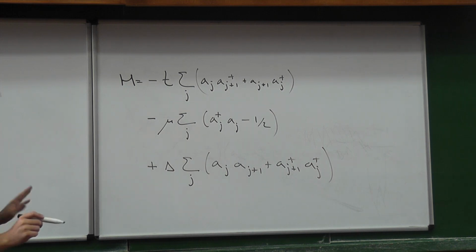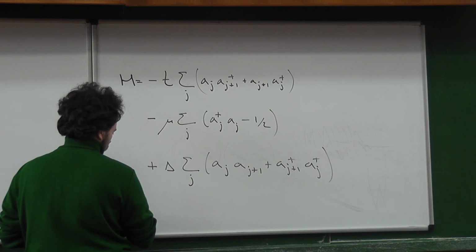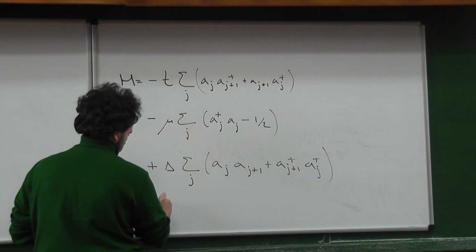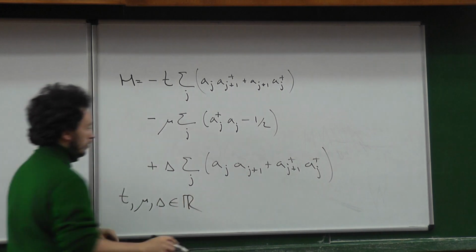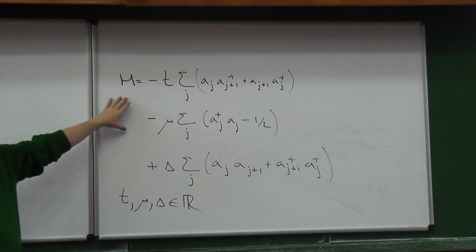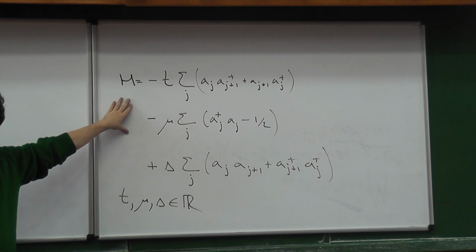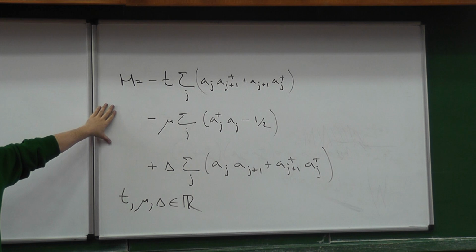And that's not necessary, but I will assume that all the 3 coupling constants appearing in the Hamiltonian are real. So I have electrons that live on this chain, and they are governed by this Hamiltonian. Let's have a look at what this Hamiltonian describes.